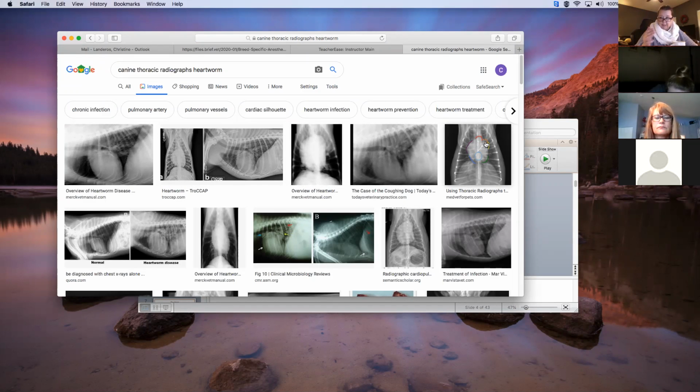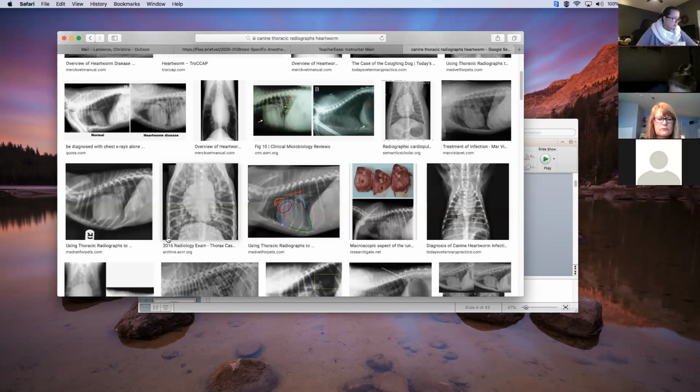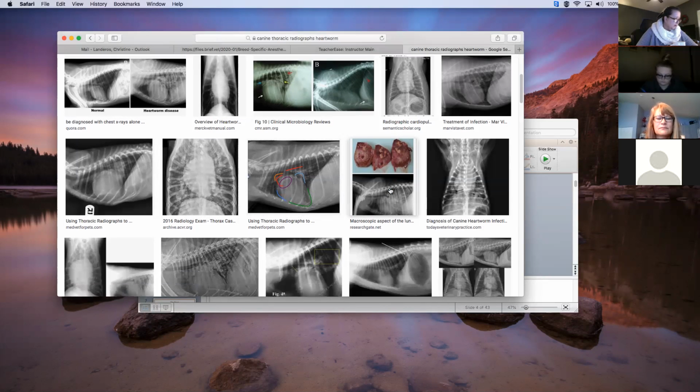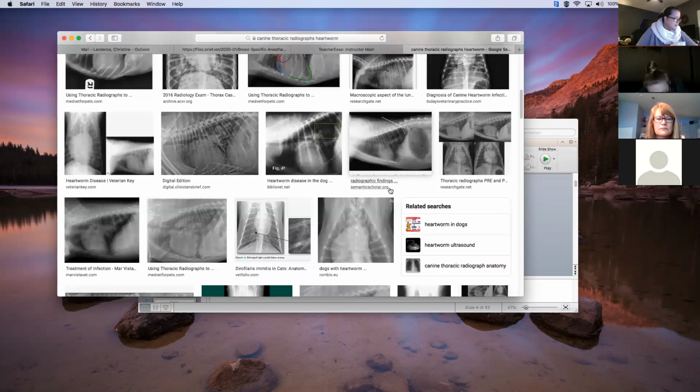A lot of times on these x-rays, if a dog has heartworm, those worms are pushing out of the heart, and they will cause a bulge in the vessel. You can see it here, you can see it here. Yeah, this was a lung thing, not a heart thing. But you can see right here, this has an abnormal shape at the top.